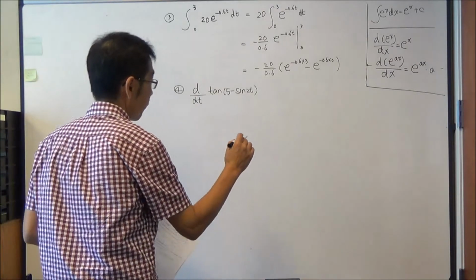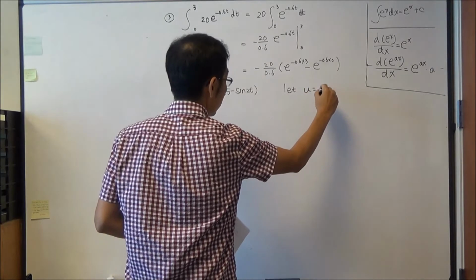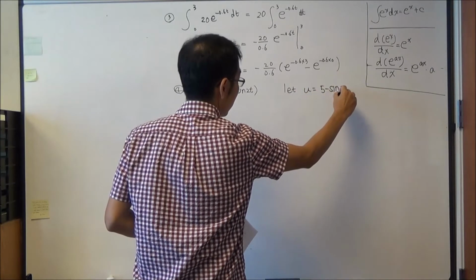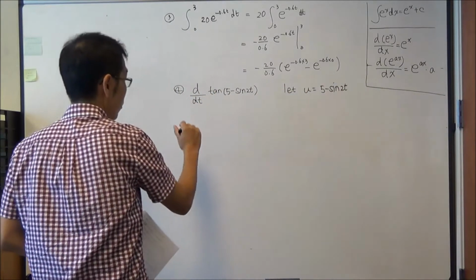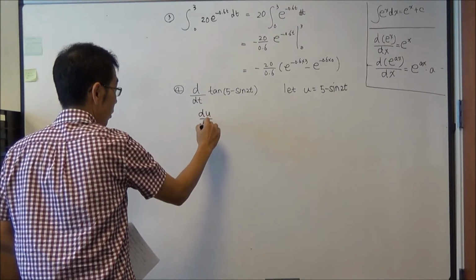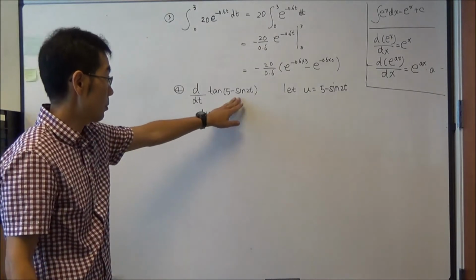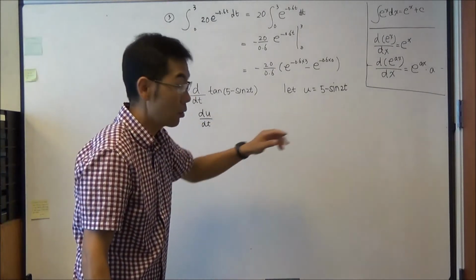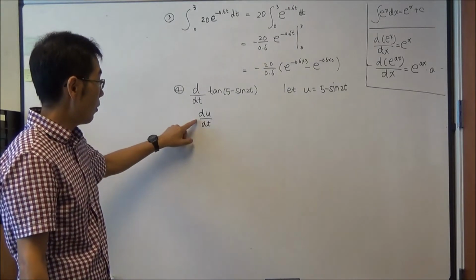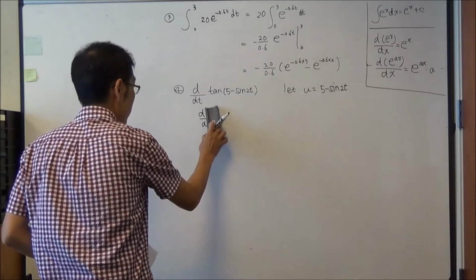Let's say let u be 5 minus sine 2t. Which means this question becomes du over dt. Because we substitute this part with u, oh I'm sorry, not the u.